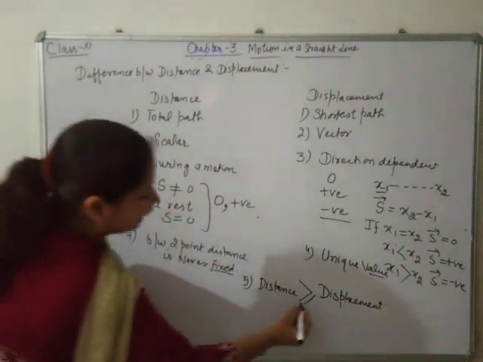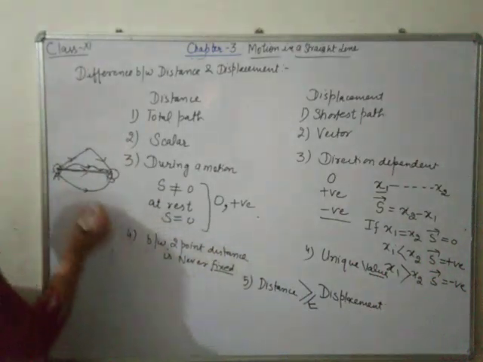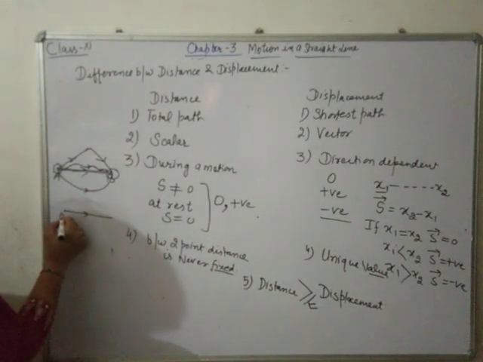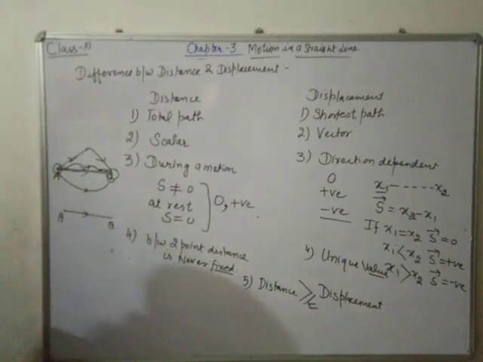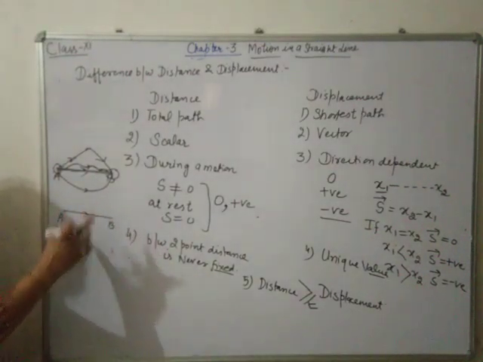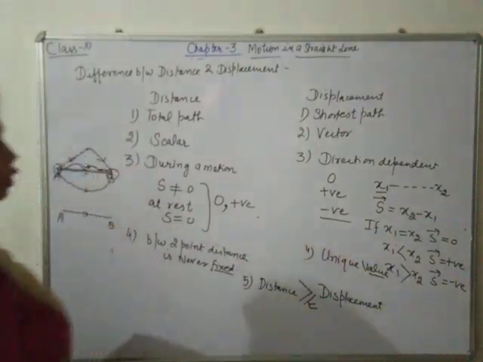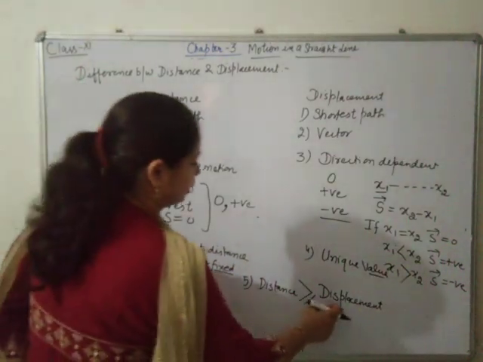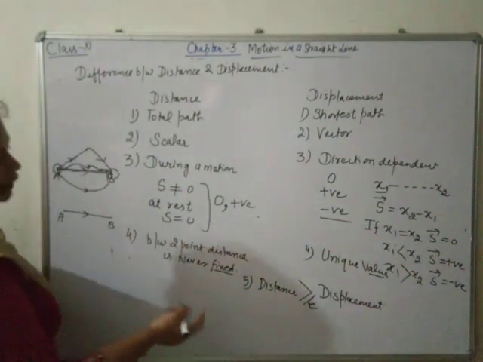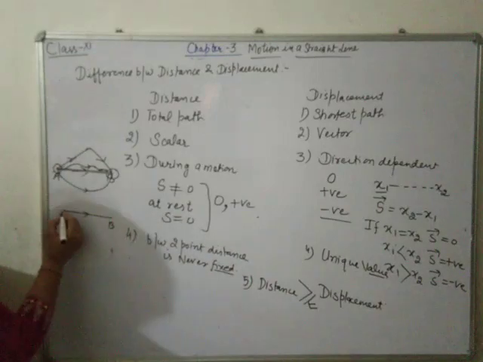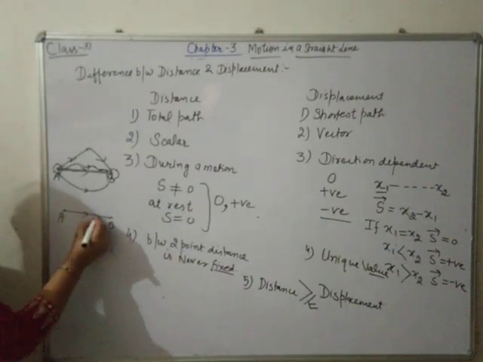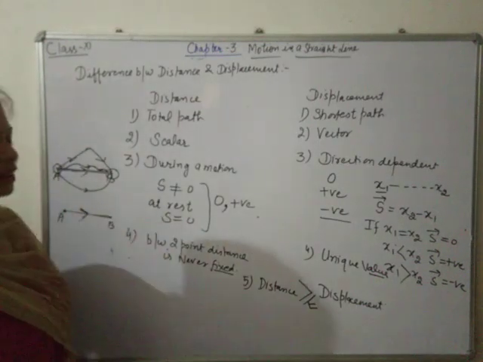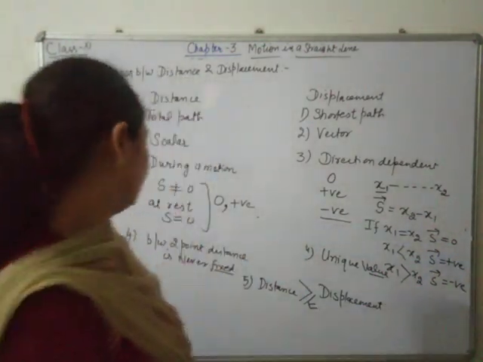But it can be equal to displacement when the body is moving along this path from A to B along a straight line. In this situation, distance and displacement are both equal. In which situation will distance be equal to displacement? When the body is moving in a straight line path, distance and displacement are equal.